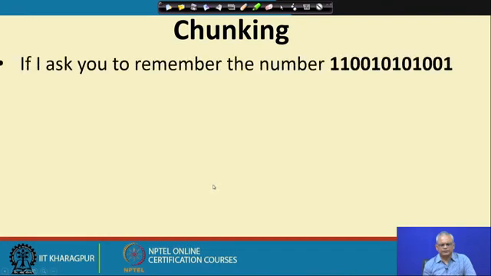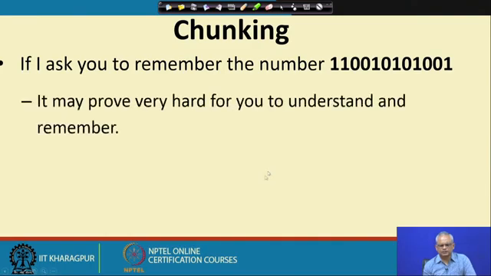Let us say I ask you to remember the number 1100 101 01 001. You will struggle to remember this, because there are too many digits, and the relation among them is not so obvious.